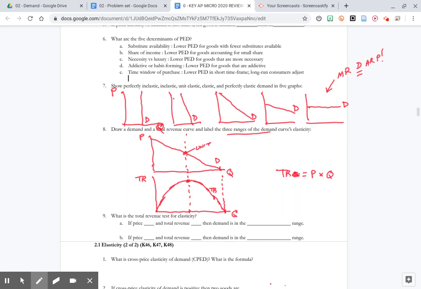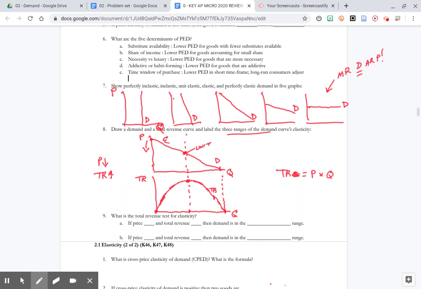We also can see with this range that the price, let's kind of observe here, the price is going down between here and here. And in that same range, the price is going down, the total revenue is going up, right? Between those 2 points. So what we would see here is the elastic range.